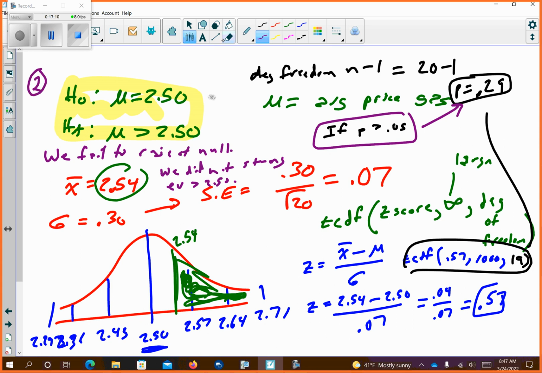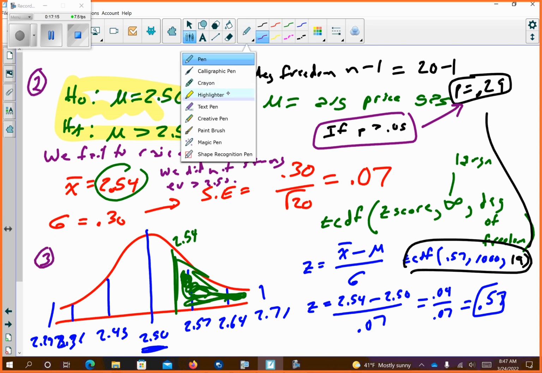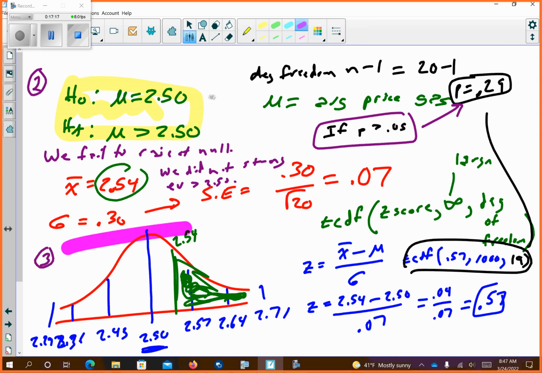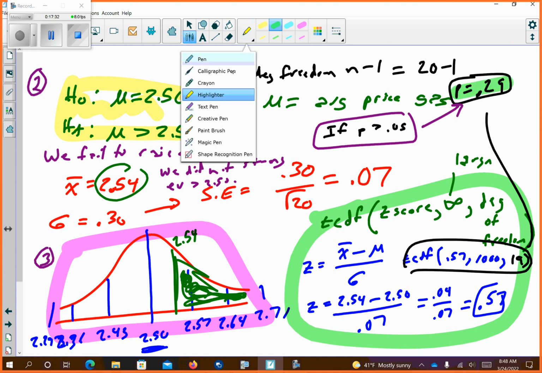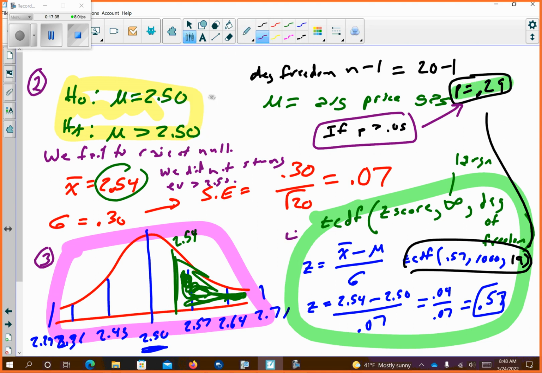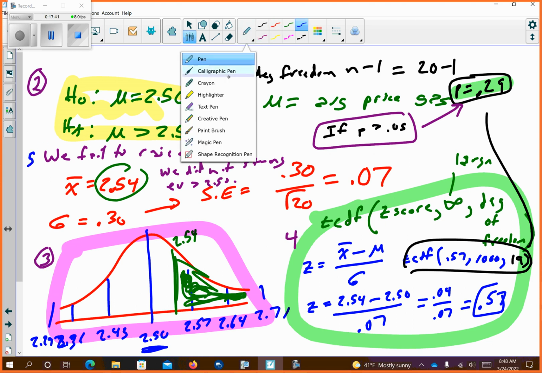Number 3 is drawing this out. Number 4 is doing this and getting that. And then number 5 is that.